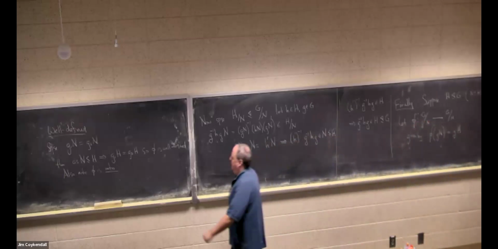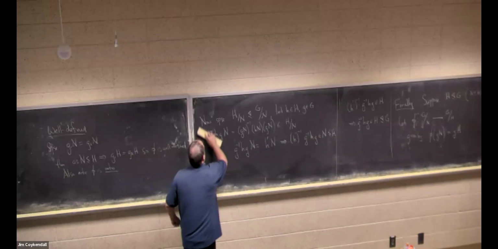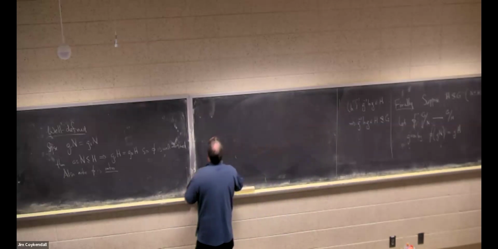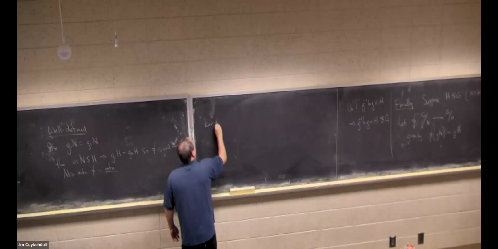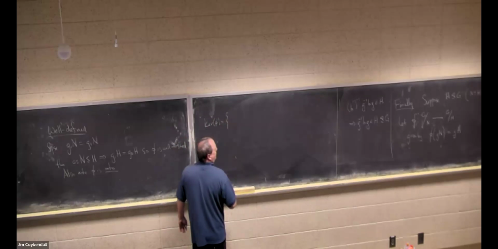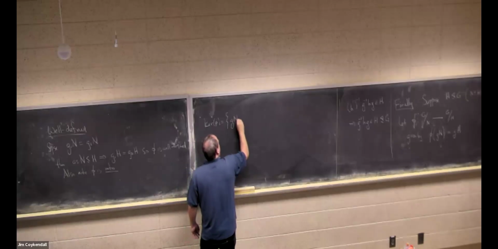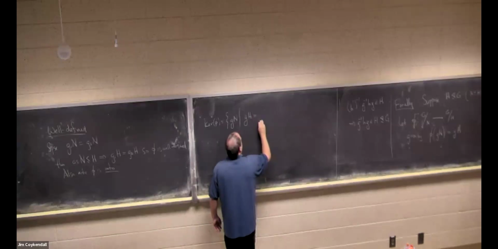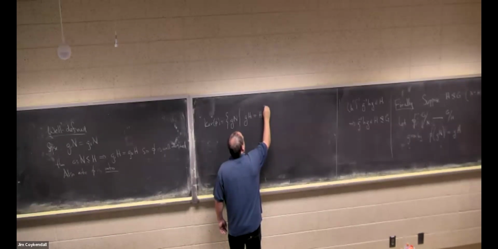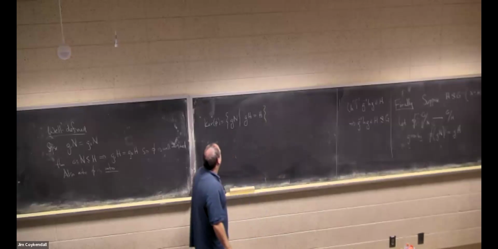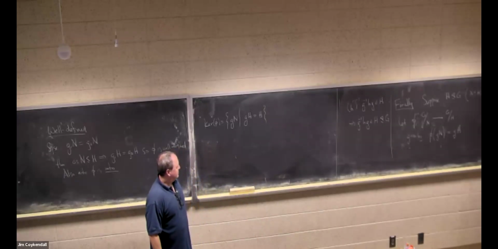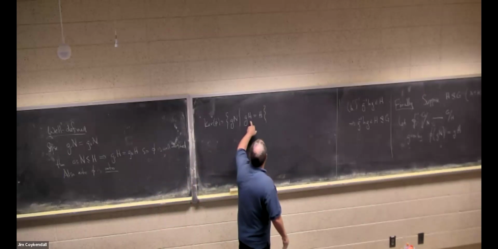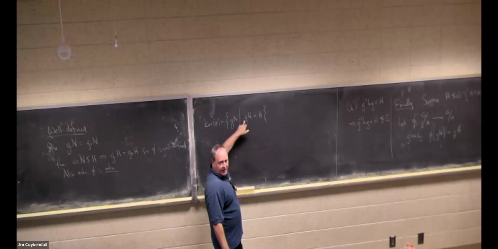What is the kernel of the map? It's the set of G N where G H equals H. Well, this is true if and only if, what can you say about little g?